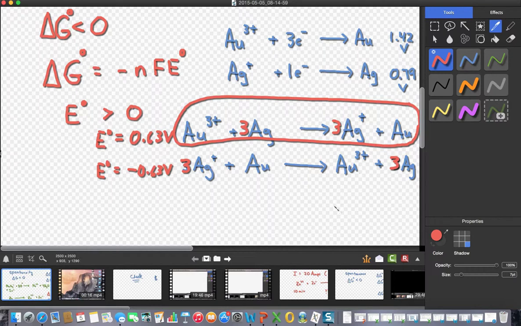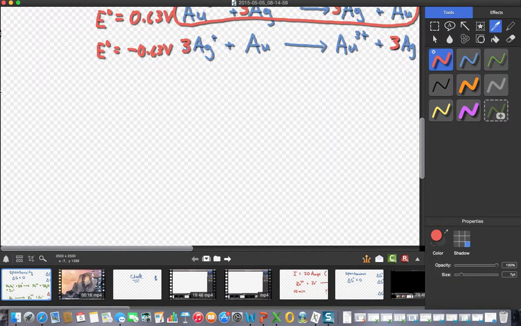One of the major differences between a galvanic or a voltaic cell and an electrolytic cell is one of energy conversion. So in a galvanic or voltaic cell, remember, these were both named after two founding fathers of electrochemistry, if you will, Galvani and Volta.